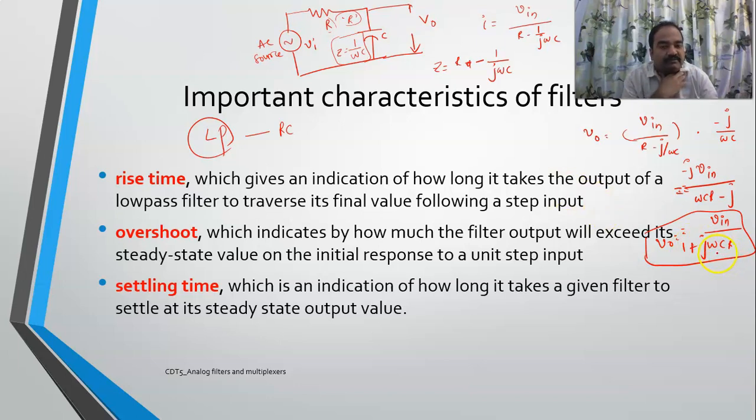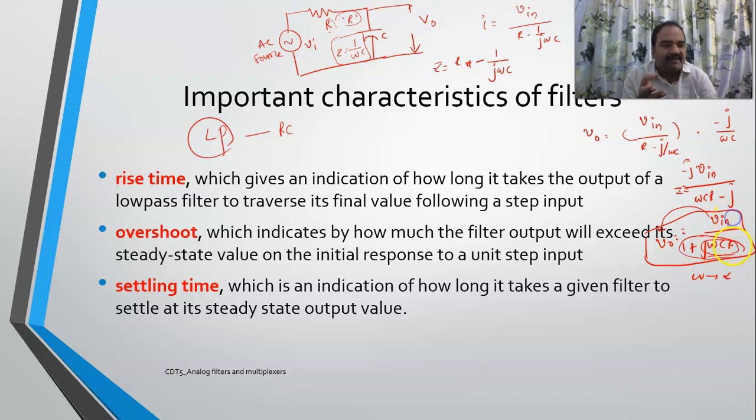Now let us suppose my frequency is low. If my frequency is low, then this value will become minimum, isn't it? So I'll get whatever the input voltage is as the output voltage. If the frequency is high, as omega moves on to infinity, this value goes to infinity.